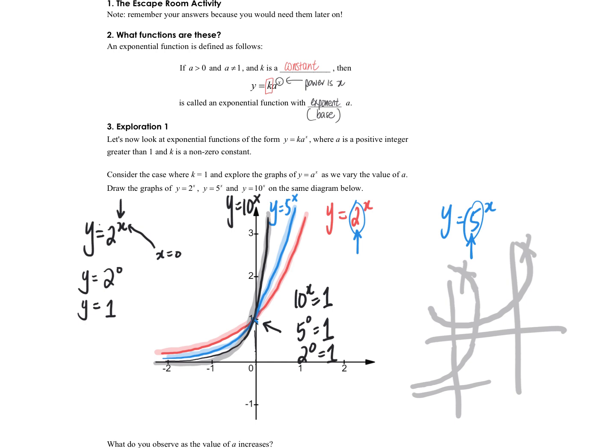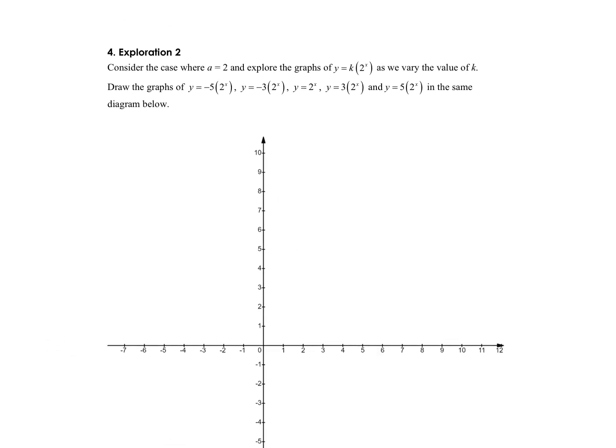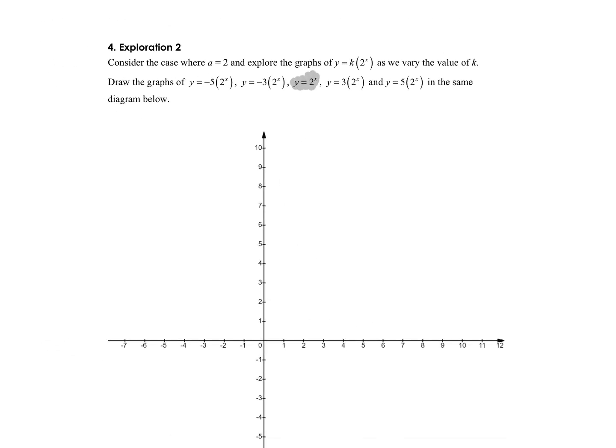This is my original, the most basic one. Just now we drew already, passing through here. This is my y equals 2 to the power of x. But what if I ask you to multiply the whole graph by 3 times?